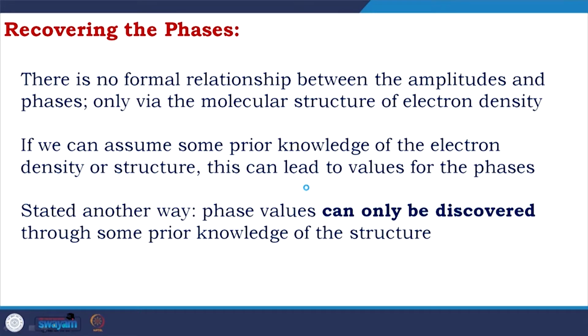We have discussed this, but just to put it in context, as I was talking about, if it is a small molecule, if you know the chemistry, then it is easy. But for protein, it is a complex molecule, it is not easy.